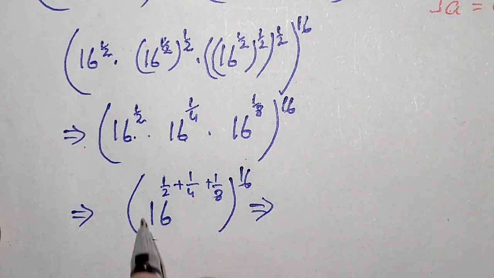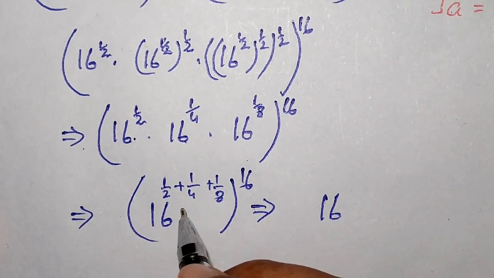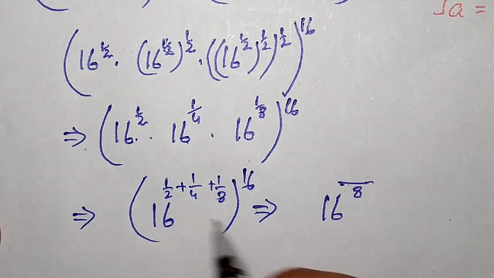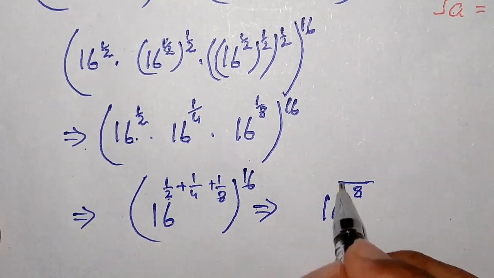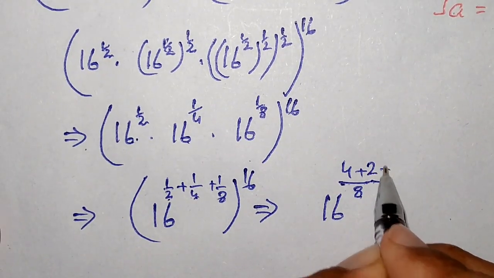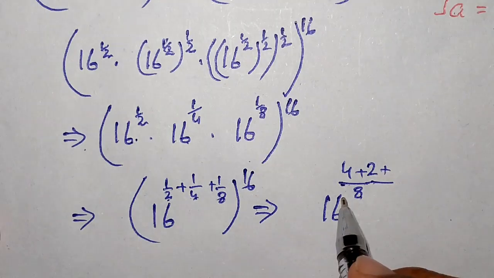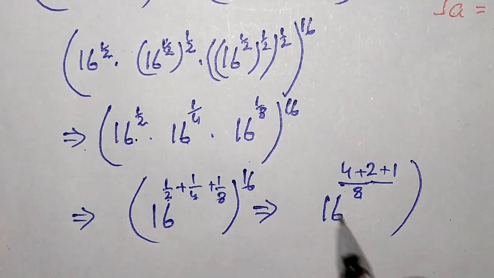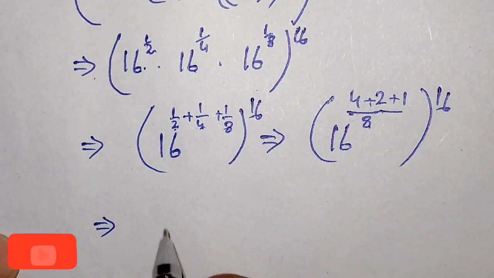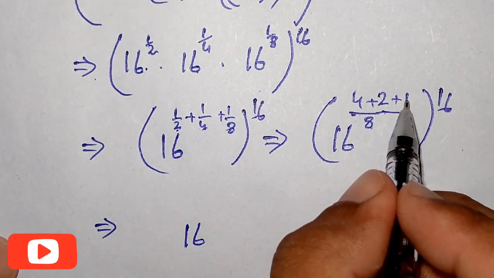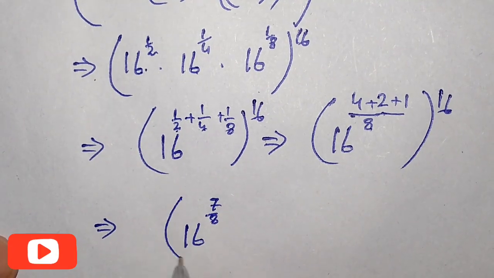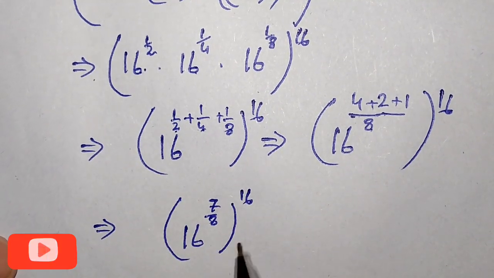In the next step, the LCM is 8. 8 divided by 2 is equal to 4, 4 times 1 is equal to 4, plus 8 divided by 4 is equal to 2, 2 times 1 is equal to 2, plus 8 divided by 8 is equal to 1, 1 times 1 is equal to 1, to the whole power of 16. Now in the next step, 4 plus 2 plus 1 is equal to 7, so 7 by 8 to the whole power of 16.